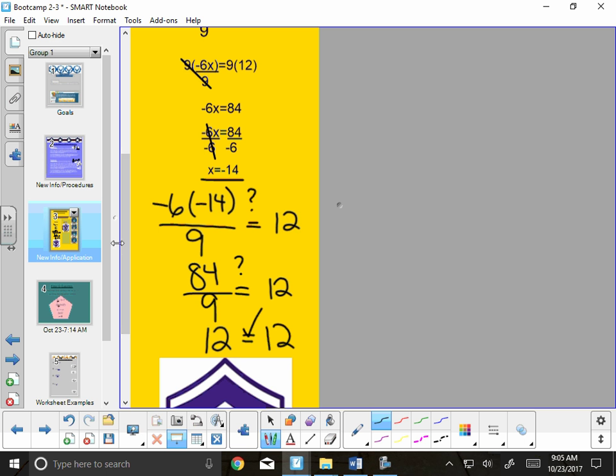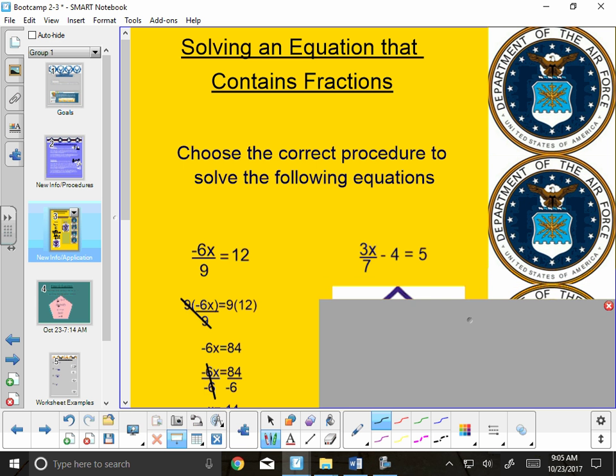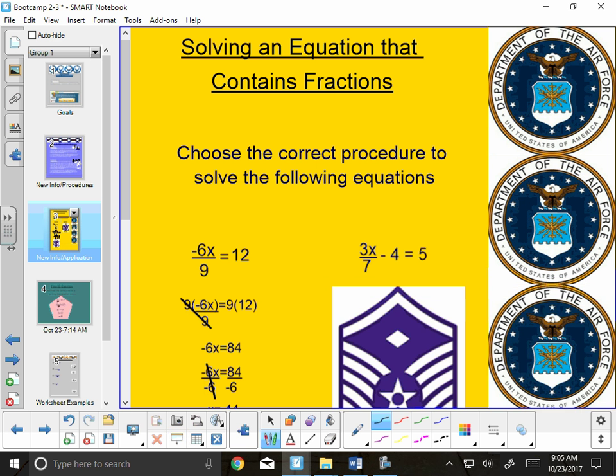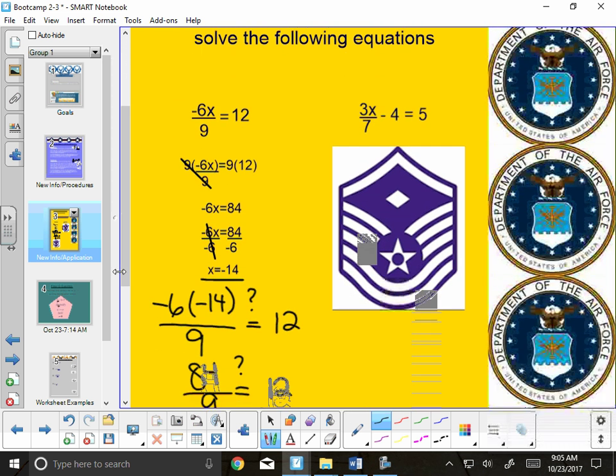Alrighty, so now we're going to go to the next example that we have. For this one, we have 3x over 7 minus 4 equals 5. In order to solve this one, remember, if we're going back to the procedures, we have to get rid of the thing that is not attached to the variable. So right now, we have the negative 4.